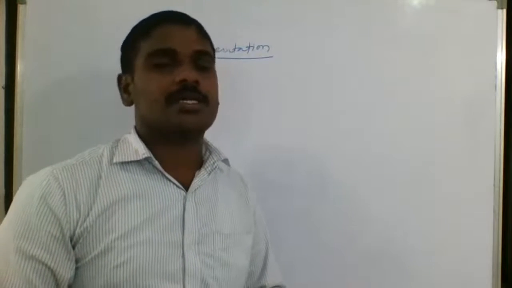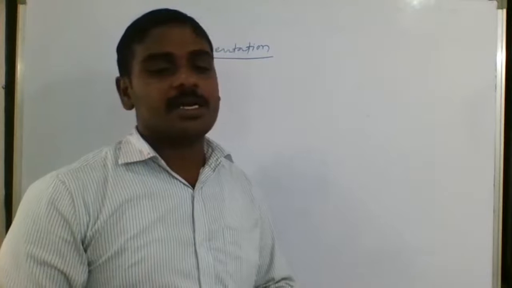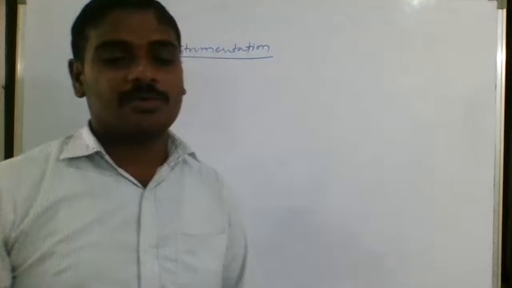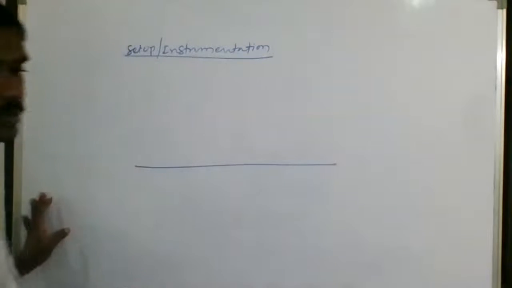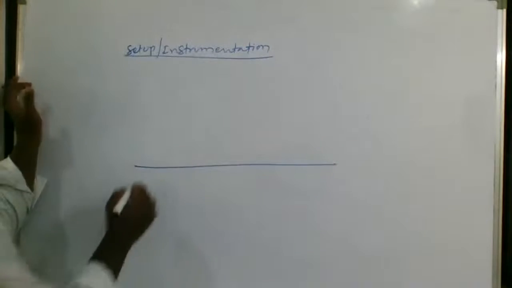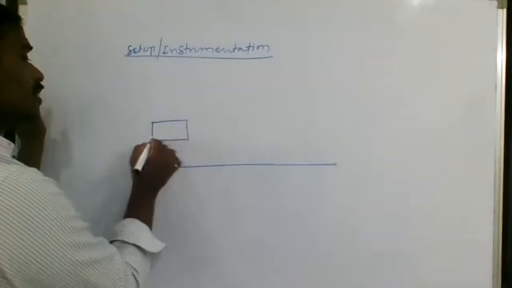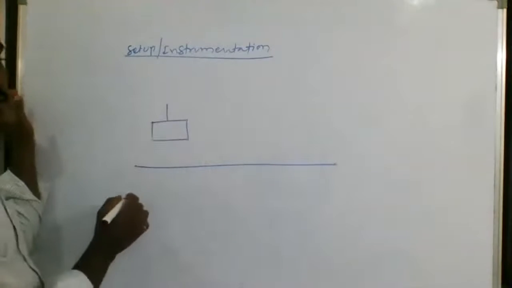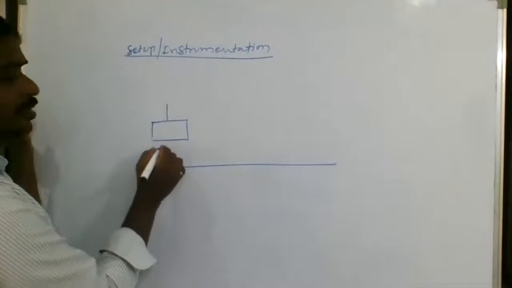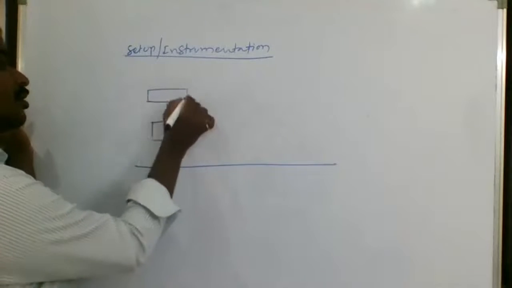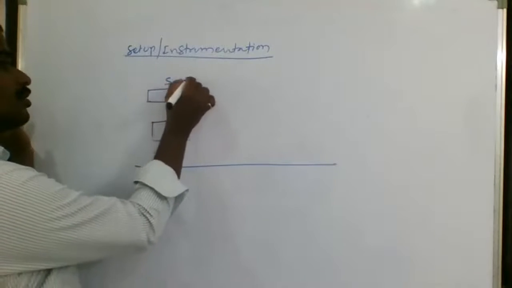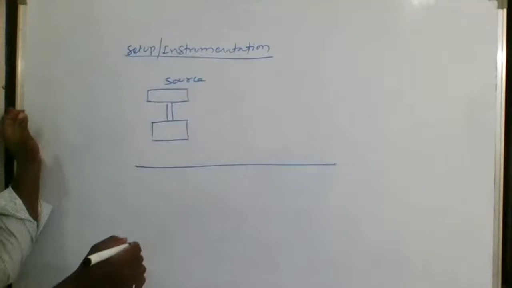The source produces the gamma rays, and a gamma ray counter is present. The source is moving towards the sample, and this is the source for gamma ray production.